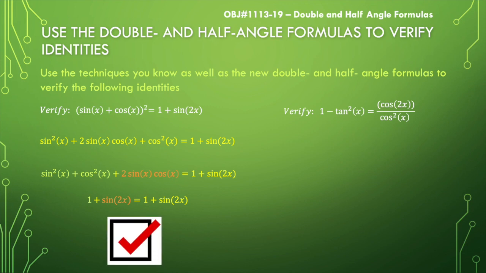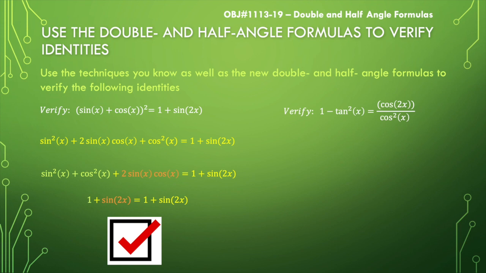Woohoo! Okay, let's look at the second one. Again, I'm thinking which of the two sides of the equation looks a little more complicated. In this case, I would go with the fraction. I would look at that fraction and think to myself, cosine of 2x over cosine squared of x.